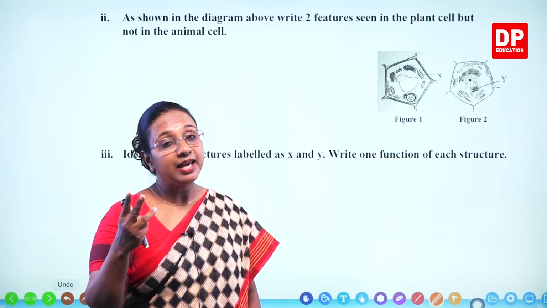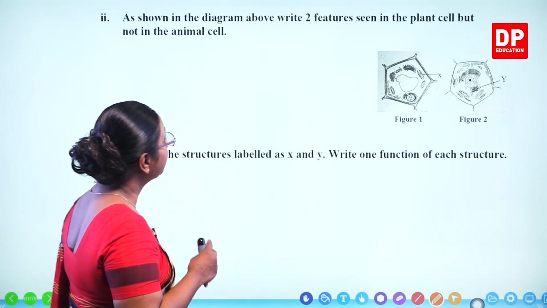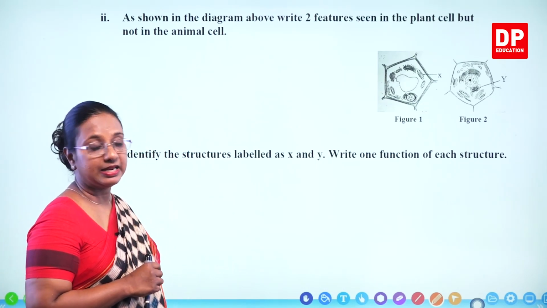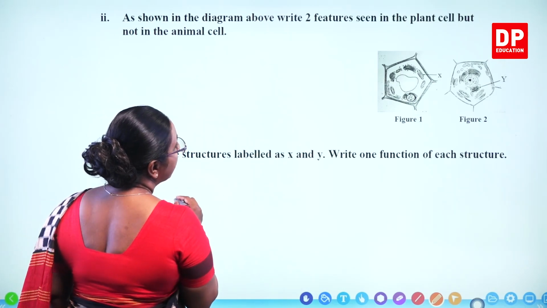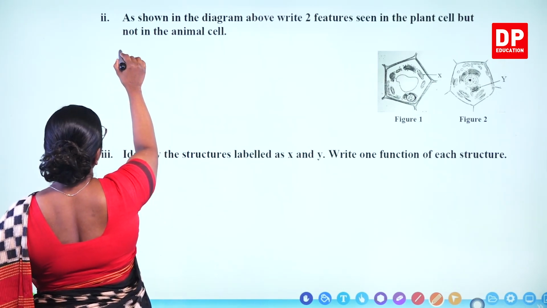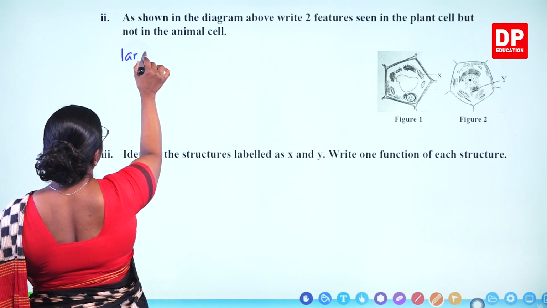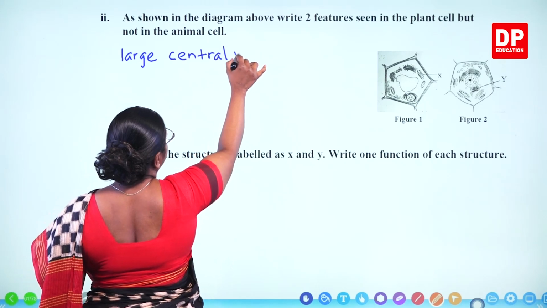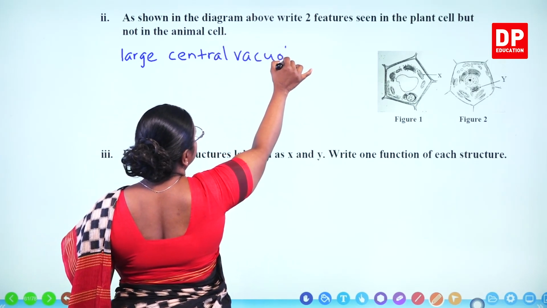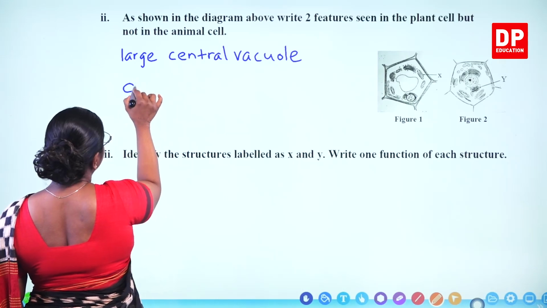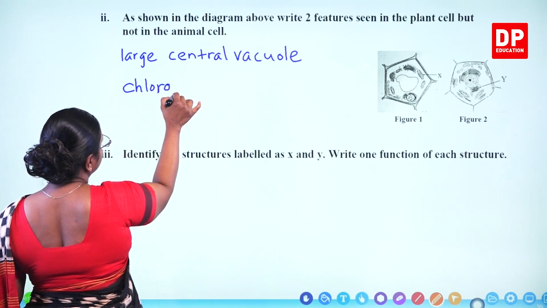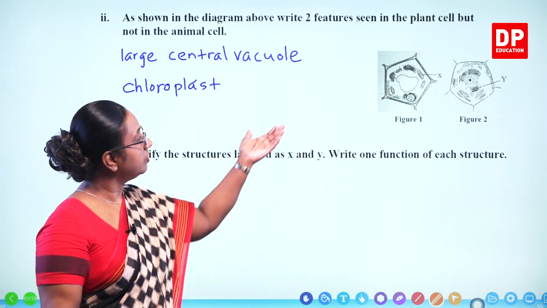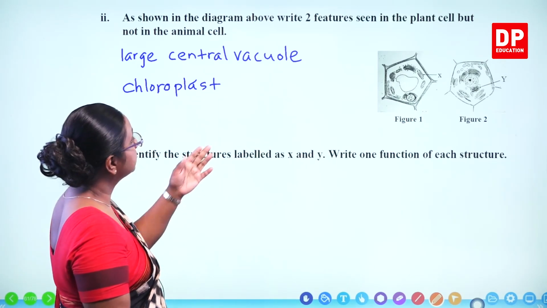You can write any 2 structures that are present in plant cell but absent in the animal cell. So I will say large central vacuole and chloroplast. You can also mention the cell wall.